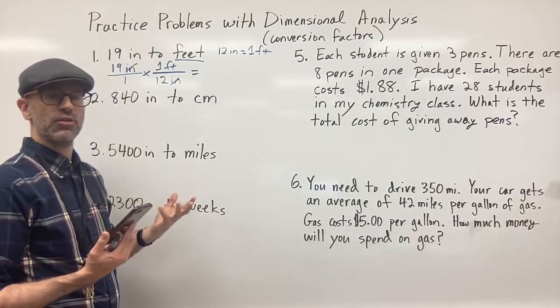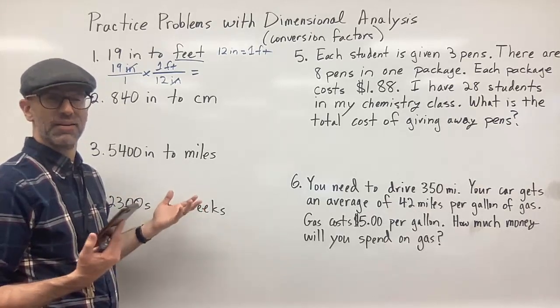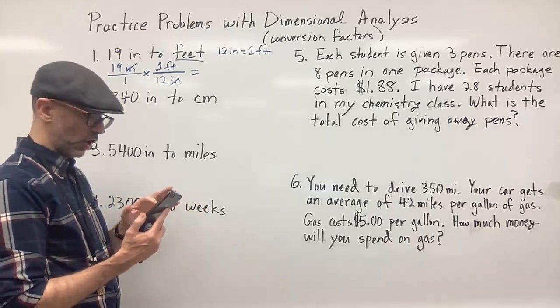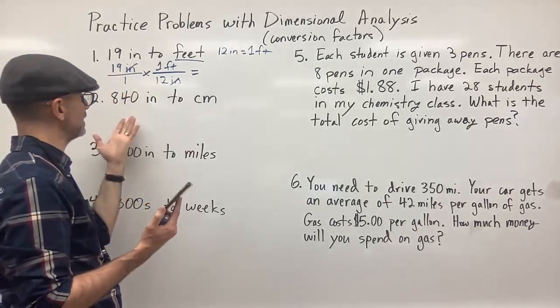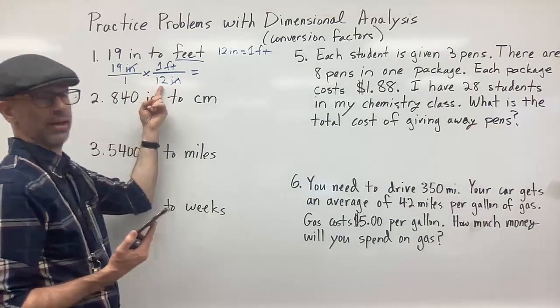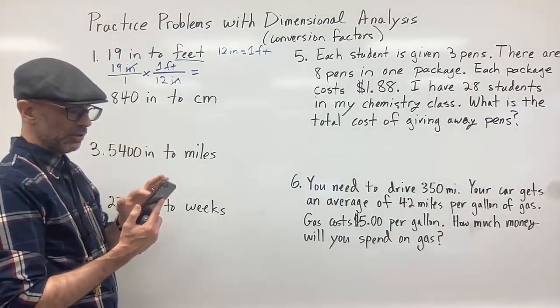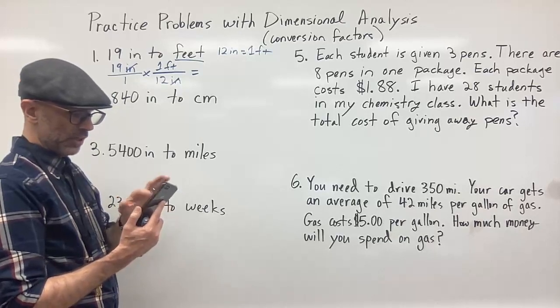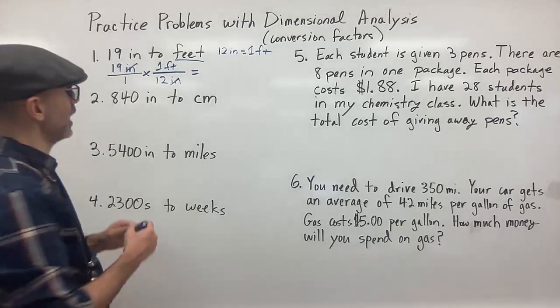I skip ones because multiplying and dividing by 1 doesn't do anything math-wise, right? So this is 19 times 1 is 19. And then divide that by 1, you still got 19. So I'm going to end up dividing that by 12. So it's just 19 divided by 12 equals, and I get 1.58.